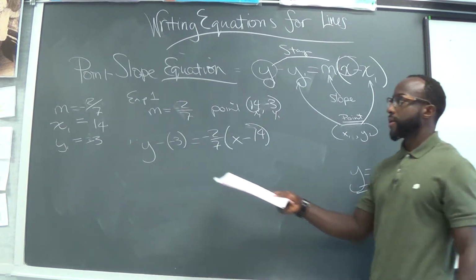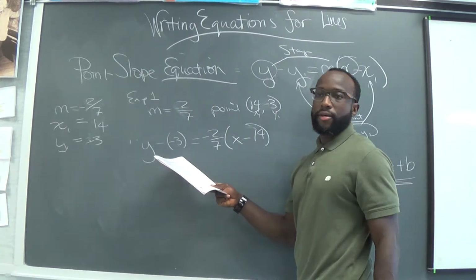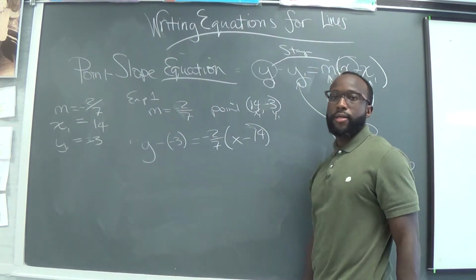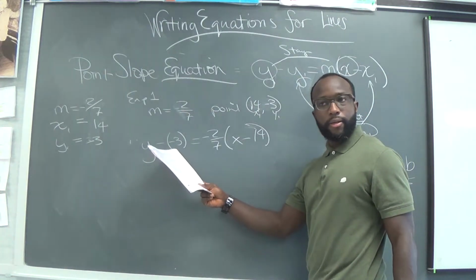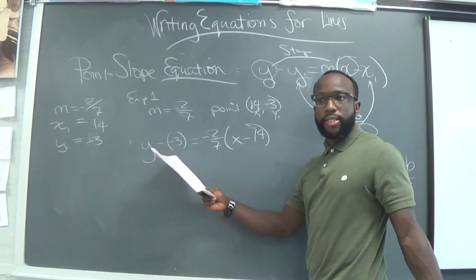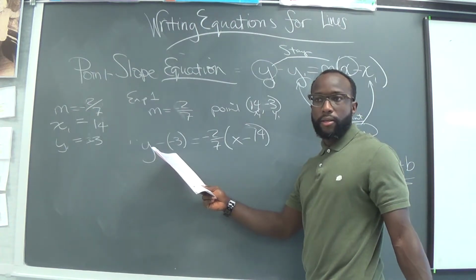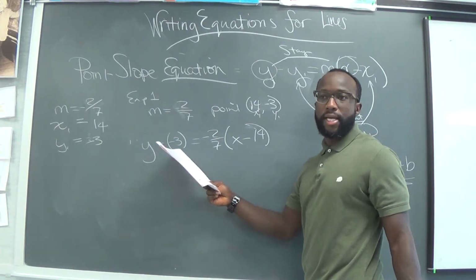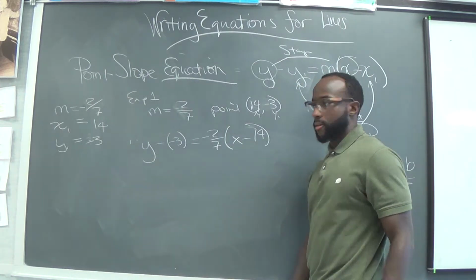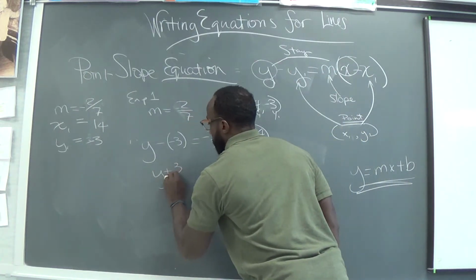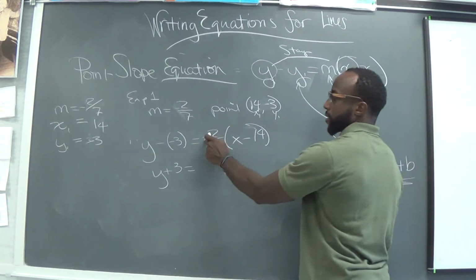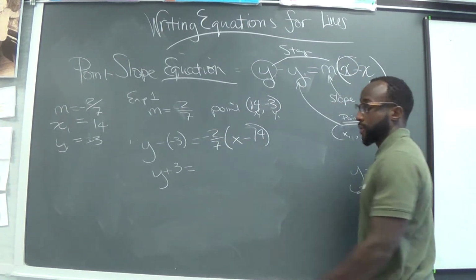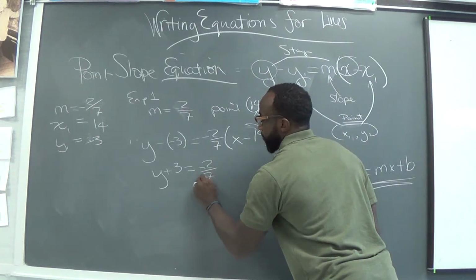Let's simplify it. Minus negative is what? All right, so it's y plus 3 equals, now we have to distribute. So that's negative 2 over 7 times x, negative 2 over 7x.